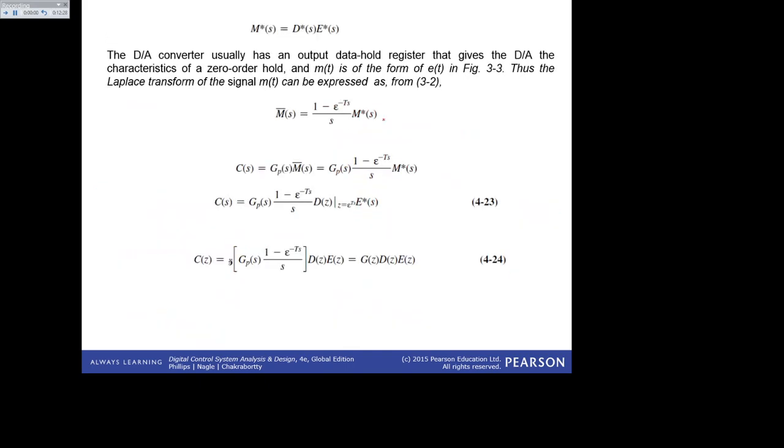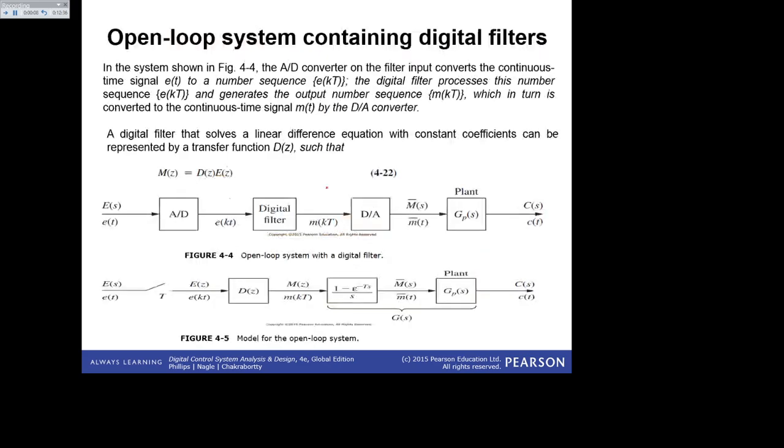Starting from here, the most important one actually is this one: C(s) is G_p(s) M(s). Let's start from this side and we'll come back.